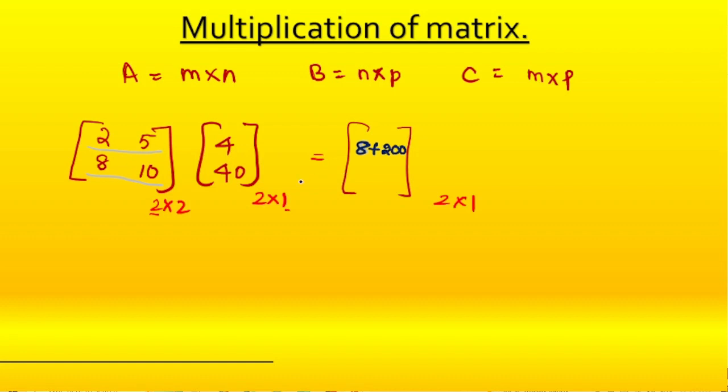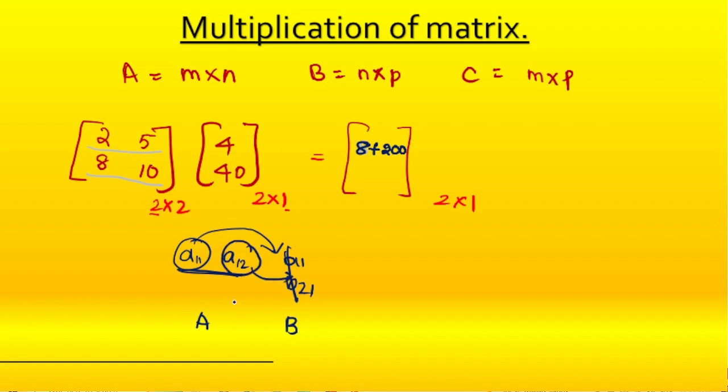Listen carefully. First you take the first row of the A matrix and the first column of the B matrix. If two elements are there, A11, A12, and here B11, B21, then A11 should be multiplied with B11, and A12 should be multiplied with B21.